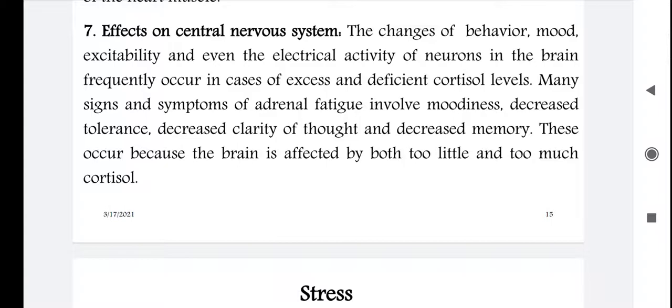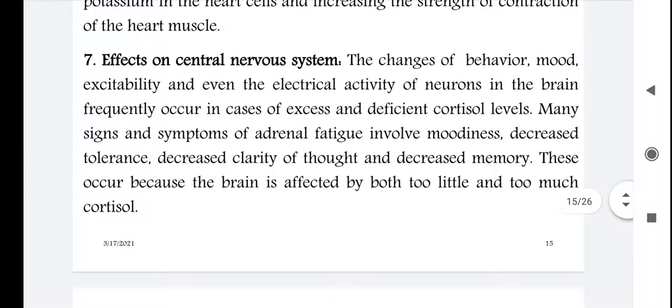This occurs because the brain is affected by both too little and too much cortisol. So, cortisol is a very important hormone and must be kept at a normal value because the brain cannot work properly if the cortisol is too high or too low.